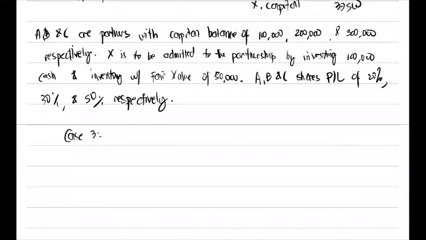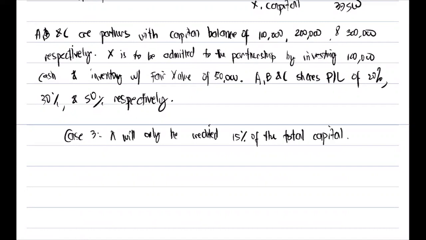However, we will give a lower amount to your new partner. So X will only be credited 15% of the total capital. Okay, so 15% lang.